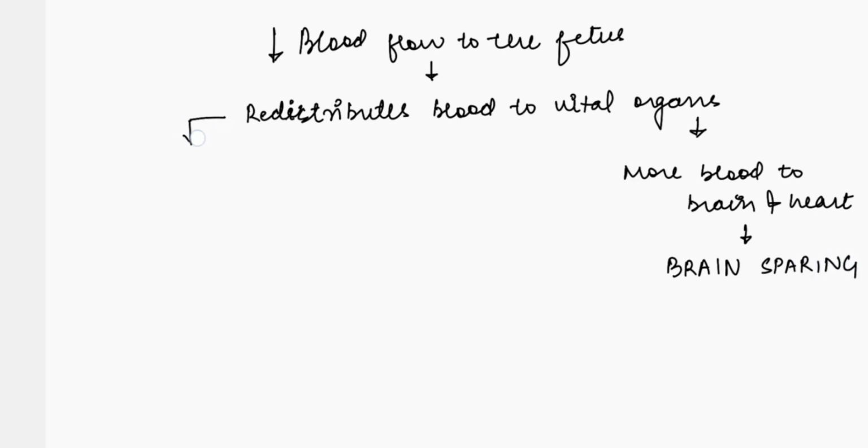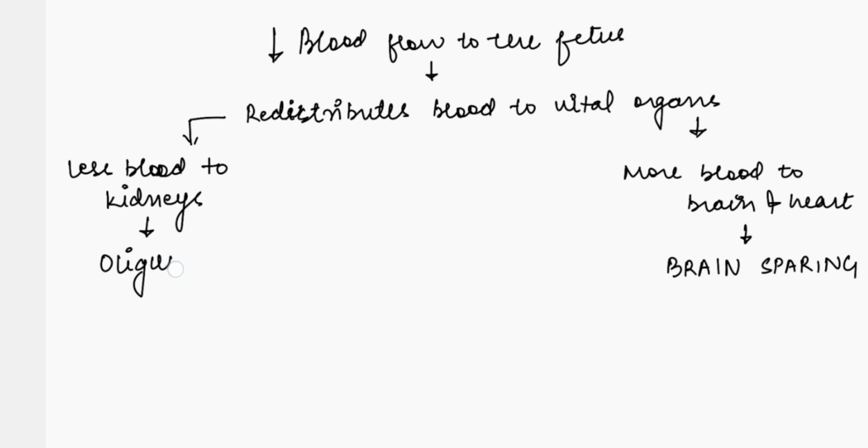Another thing that it does is send less blood to the kidneys, which can cause oliguria. And we have oligohydramnios, because we know that the amniotic fluid is made from the urine of the baby. If the baby pees less, less amniotic fluid will be made.